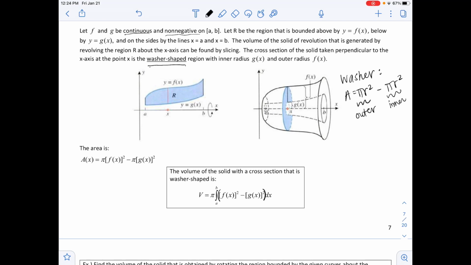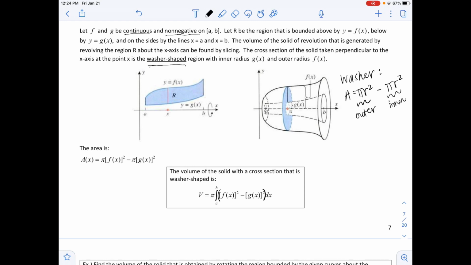For this, we are not dealing with nice numbers for our radius. Usually we don't deal with a radius of 4 that is a constant value. We are dealing with a function that's changing depending on where you are on that graph. And so the outer function would be f of x, and that inner function would be g of x as you rotate it around our x-axis.